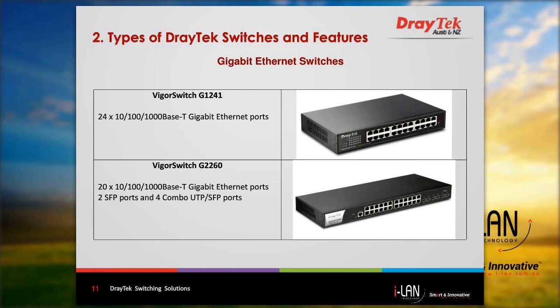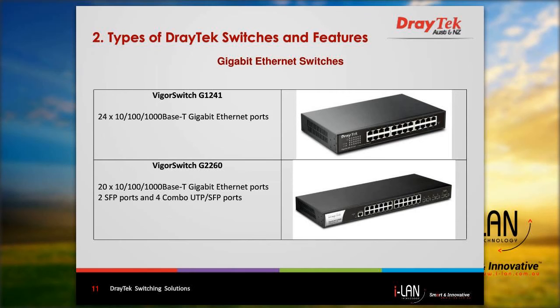The web-based user interface simplifies configuration and deployment of these switches. The VigorSwitch 1241, which is the one towards the top, is a new release model with 24 gigabit Ethernet ports, which supports both port mirroring and quality of service.